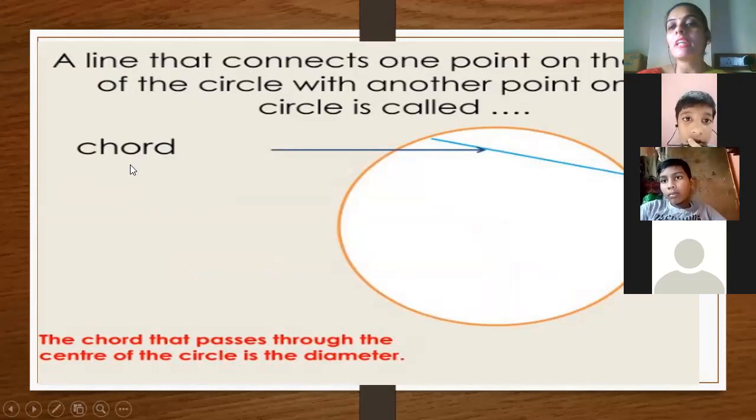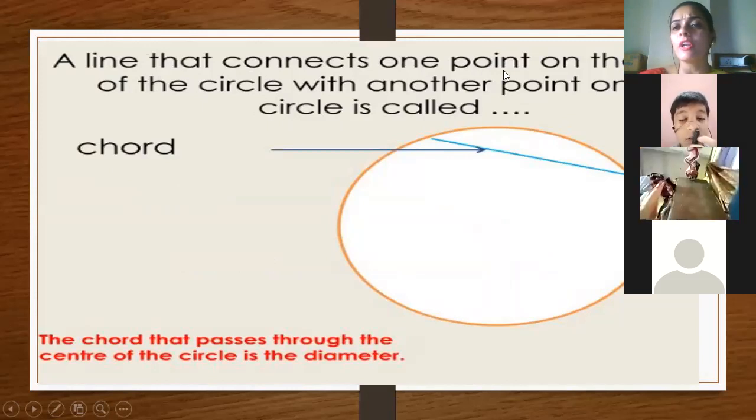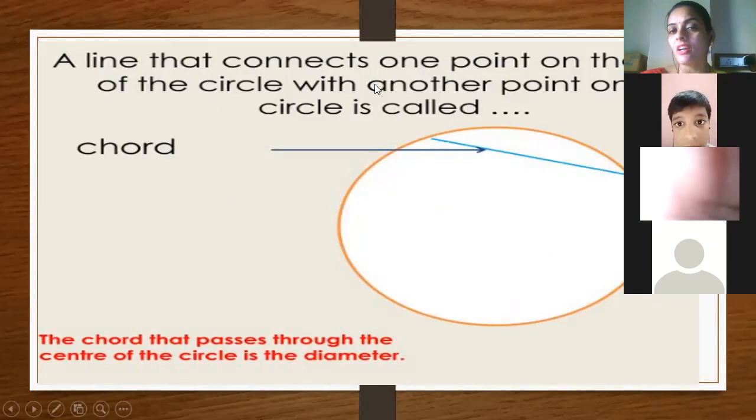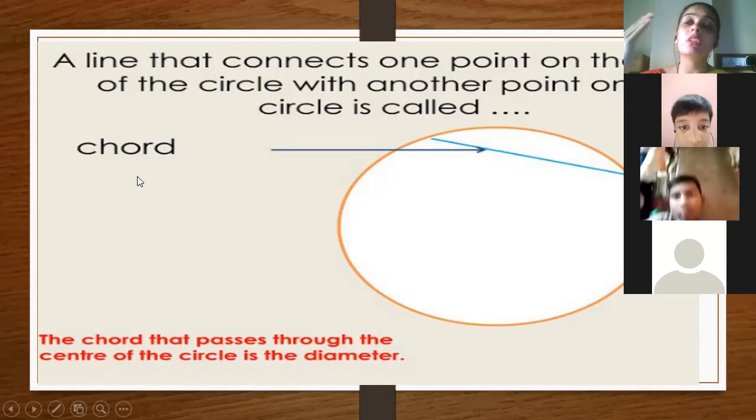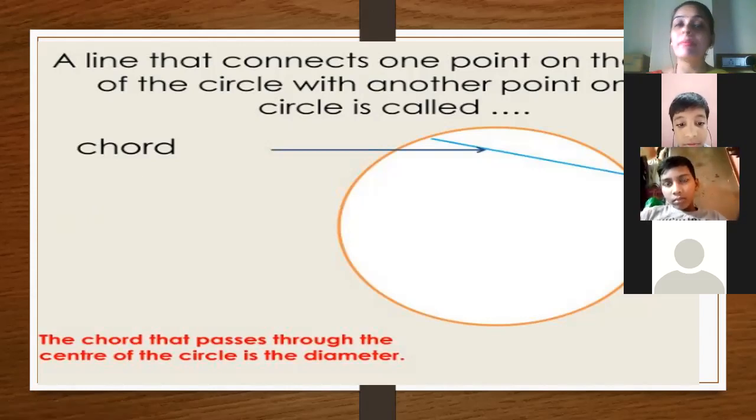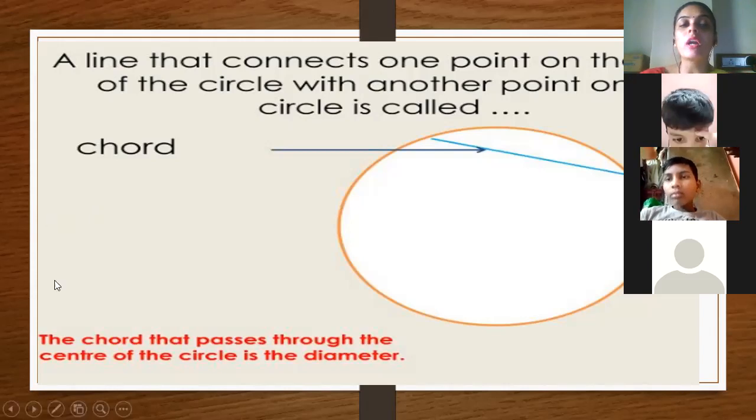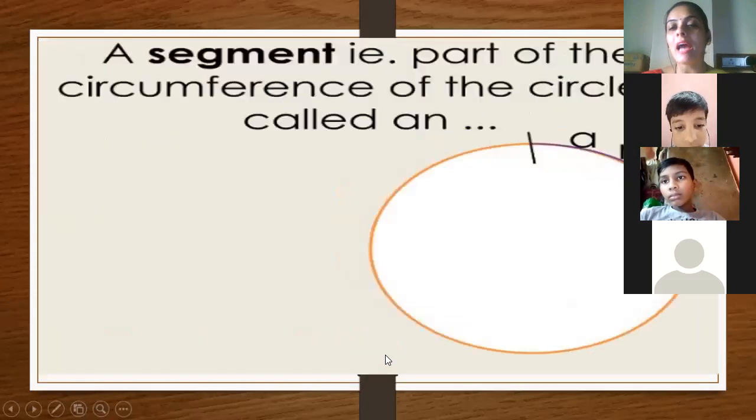That is called a chord. Diameter divides the circle in half, but a chord makes a small portion. The chord that passes through the center of the circle is called the diameter.